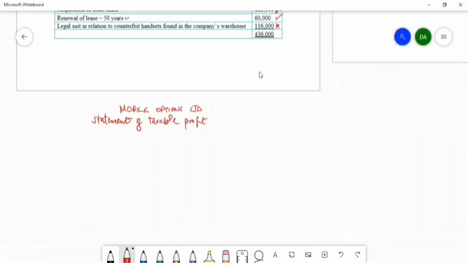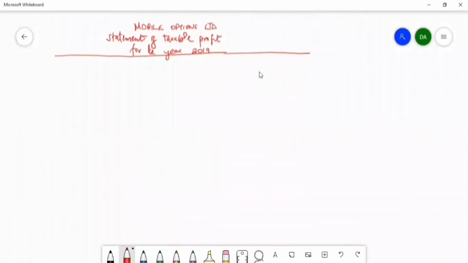Statement of taxable profit for the year of income 2019. We're drawing a statement like this.